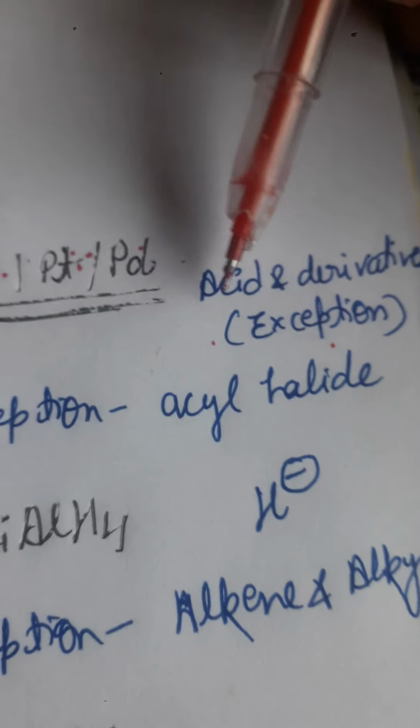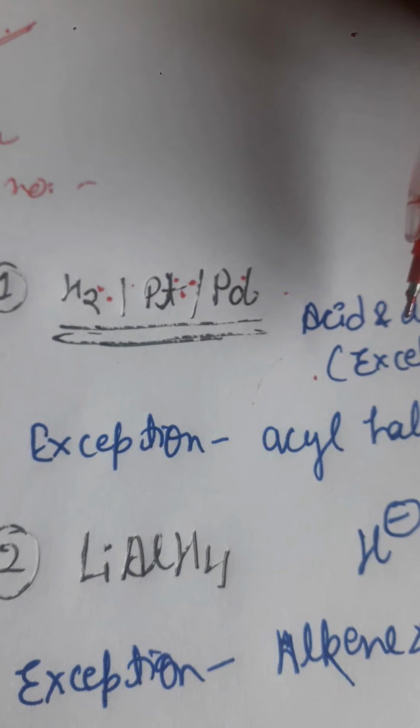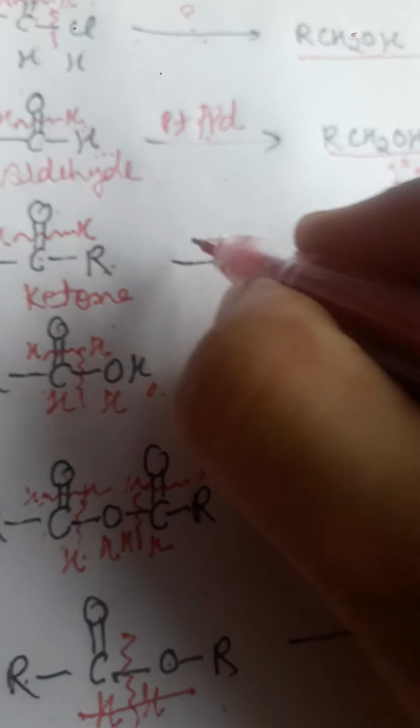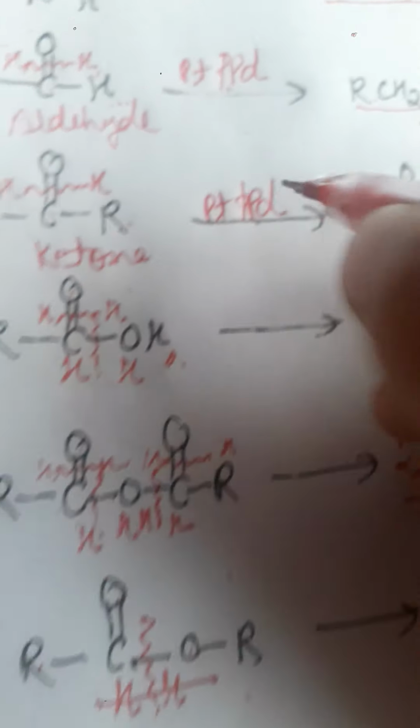All the acids and their derivatives will undergo reduction, but the exception is acyl halide. You can write here that acyl chloride is the exception, because in all the acid derivatives you can't write platinum or palladium. It means RCOCl is an acid derivative, yes, but we have to just ignore it. The next one, aldehyde, here you can write platinum or palladium. RCOR, this one was ketone. Here also you can write platinum or palladium.